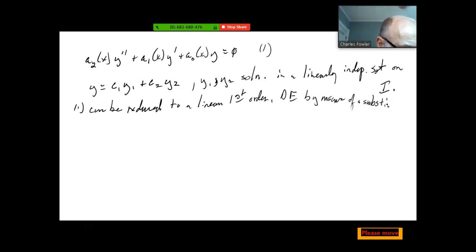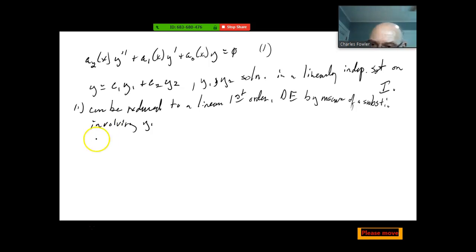And that will involve the known solution y1. So first, you've got to know that there is a solution that works. And if that's the only one that you can figure out, we can come up with the second one by this method we're going to talk about here.